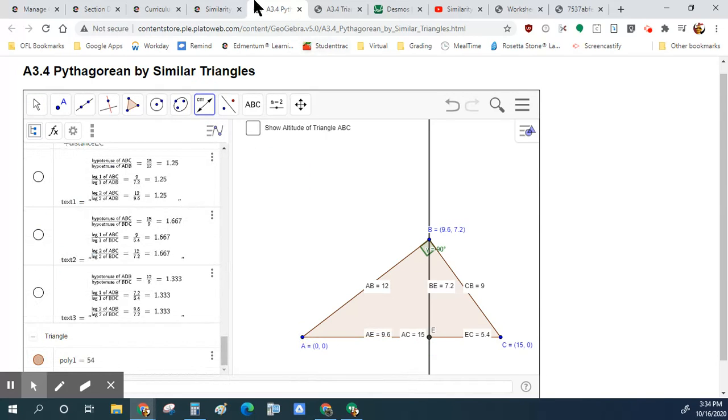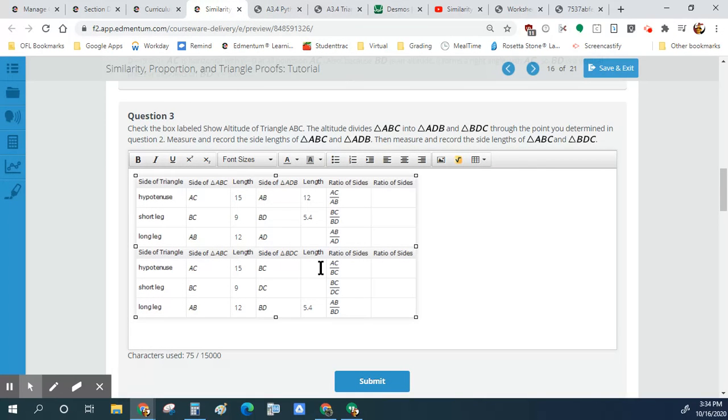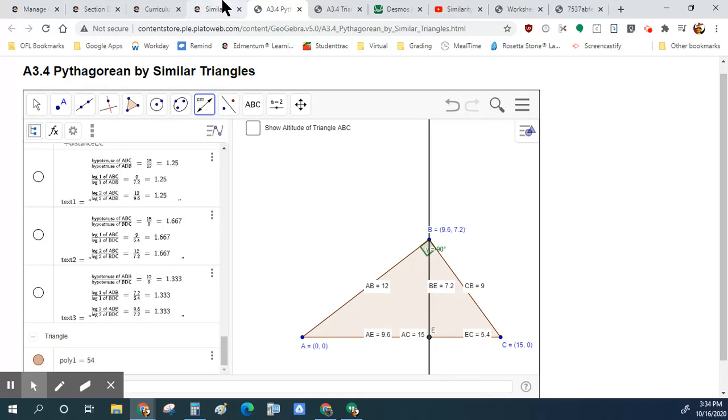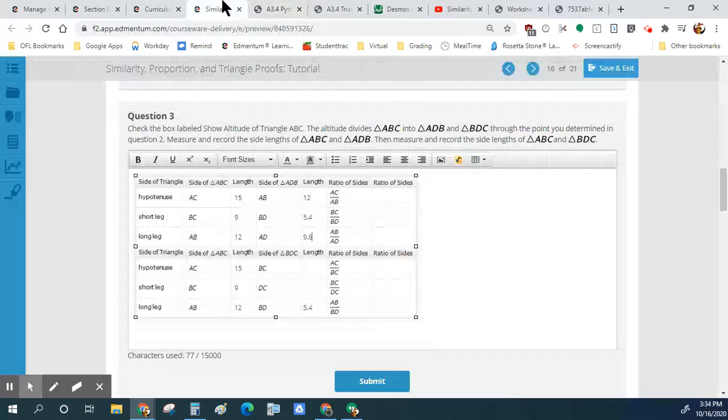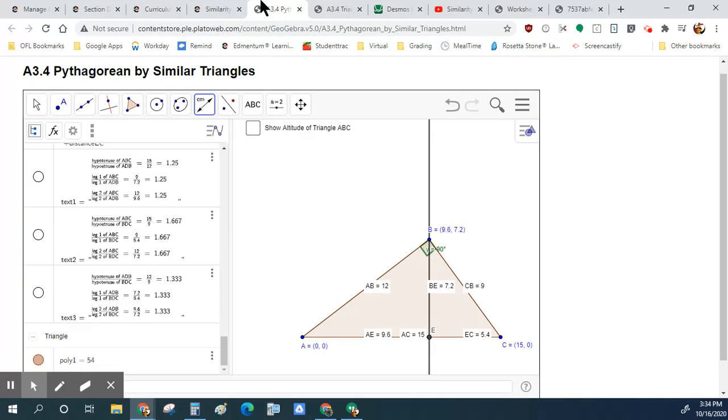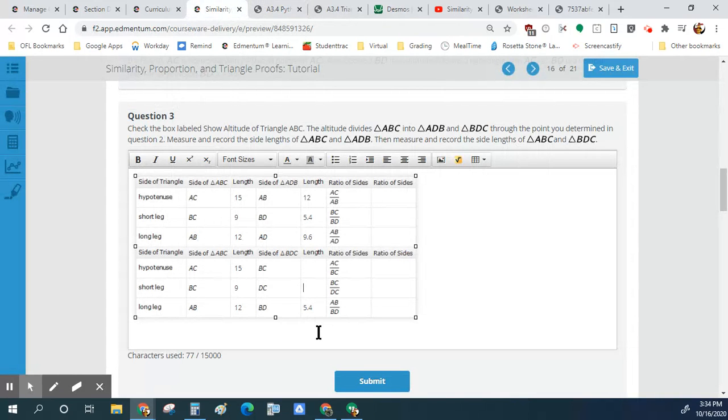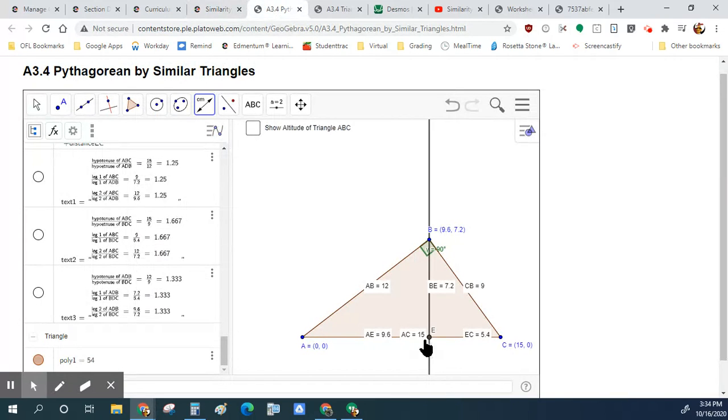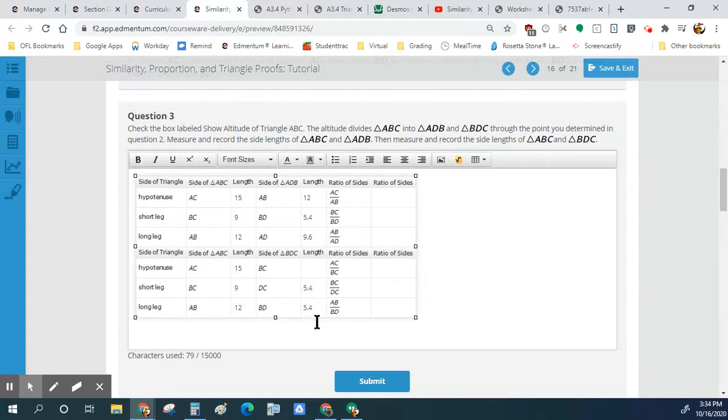AE is 9.6. And then DC is our last one. DC is EC, so 5.4. 7.2.